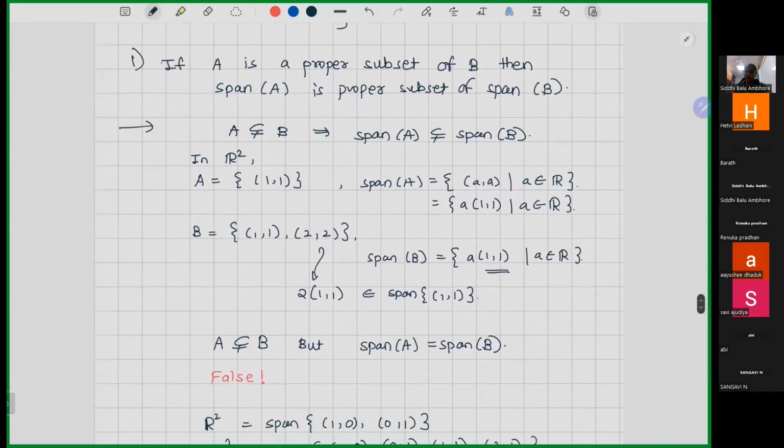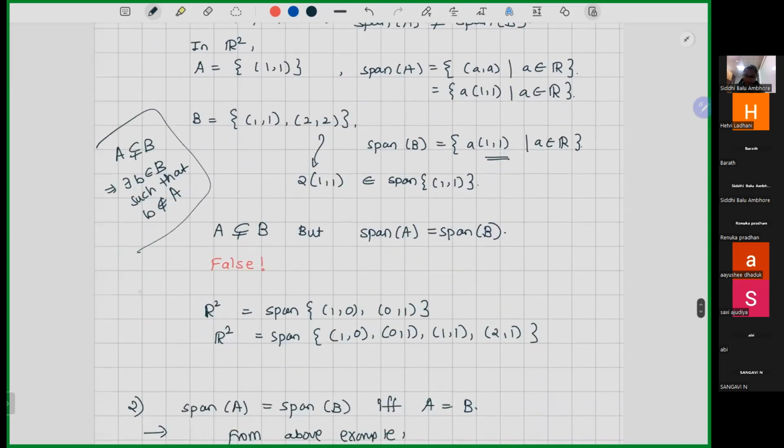Okay. So what they are saying is that if A is a proper subset of B, then span of A is a proper subset of span of B. This is what you want to understand. A proper subset of B means there exists some element b in B such that b does not belong to A. A is a set like this and B is this bigger set.